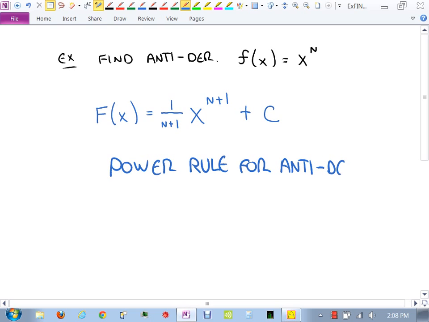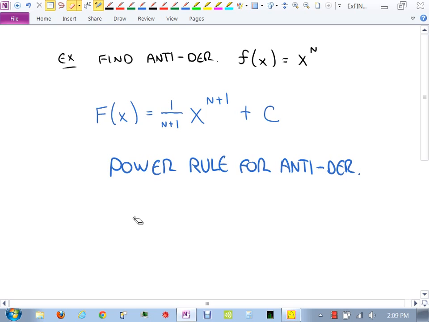Remember, we had the power rule for differentiation, right? Do you remember the power rule when we take derivatives? What's the derivative of x to the n? n x to the n minus 1. Remember that? Now, this is the rule for going backwards. If you start with an x to the n, and you want to go backwards, you have to do 1 over n plus 1 times x to the n plus 1.